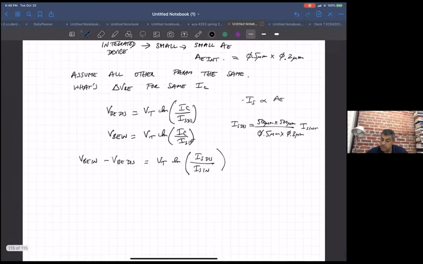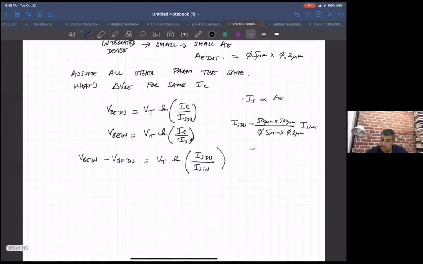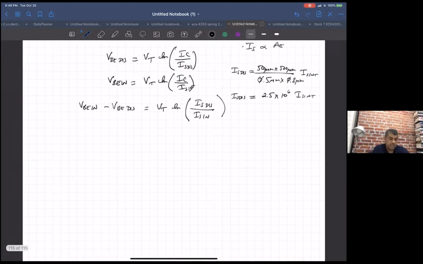Okay, that would be the ratio in I sub s's. And that's a pretty big number. This ends up being 2.5 times 10 to the sixth, or 2.5 million. So I sub s discrete is 2.5 million times higher than I sub s integrated.